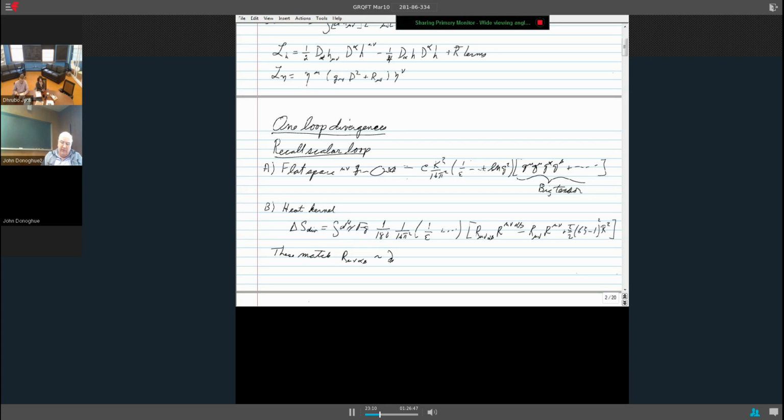And the formula was R mu nu alpha beta, R mu nu alpha beta, minus R mu nu squared, plus 5 halves (6c minus 1) squared times R squared. C is this conformal parameter. Okay, and these match term by term.